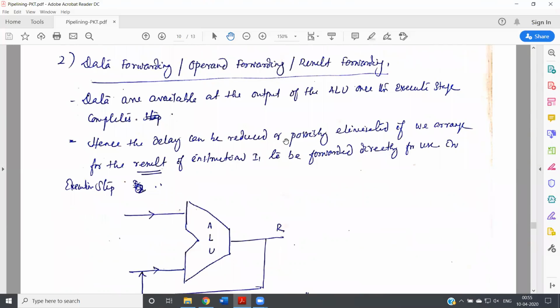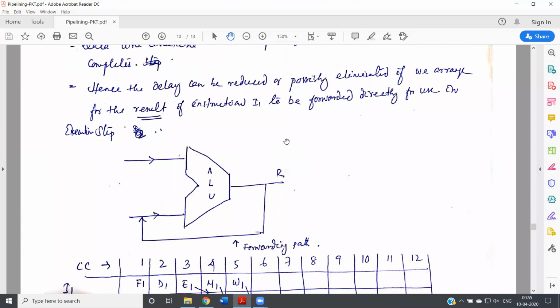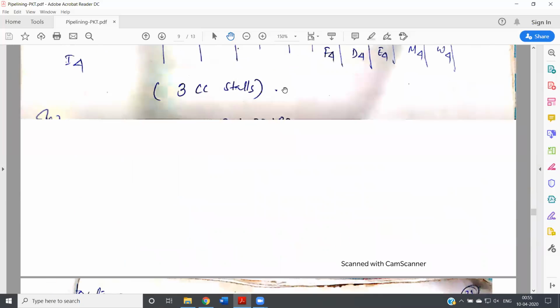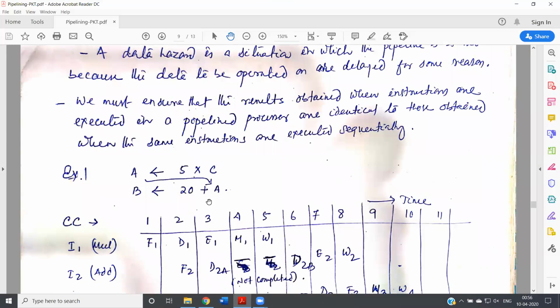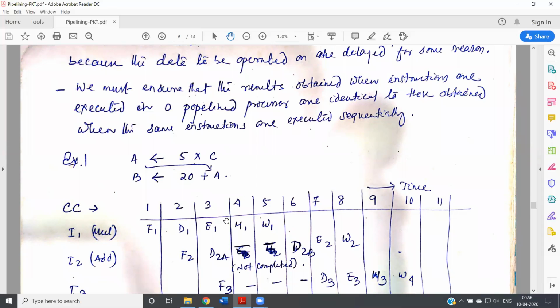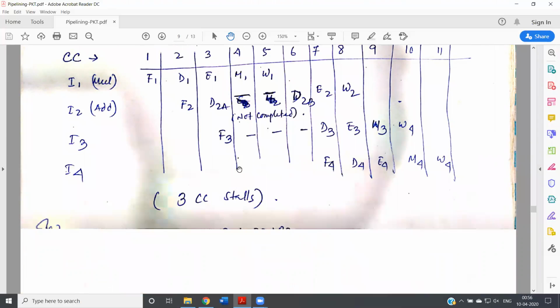In our previous example, the first instruction is writing to A and the second one is reading from A. The second instruction really depends on the value of A, that is, the value of 5 into C. If you get the value of 5 into C, instruction 2 can continue its execution, even though A is written only in the 5th clock cycle. However, the ALU operation can be done in the third clock cycle.